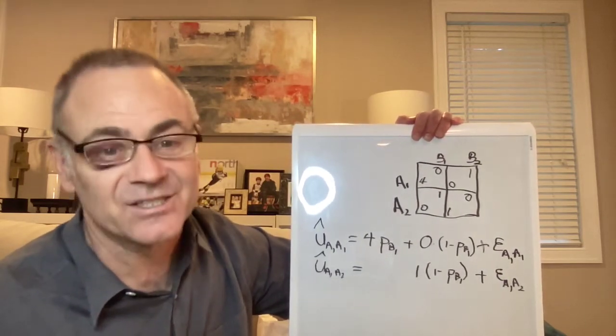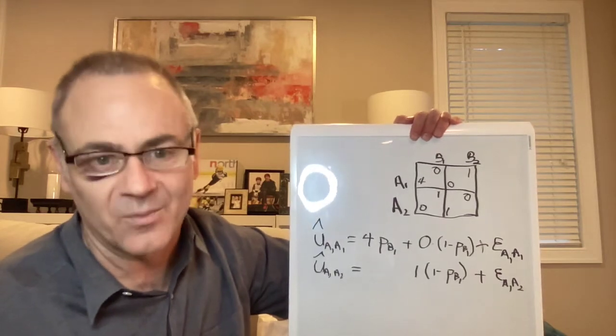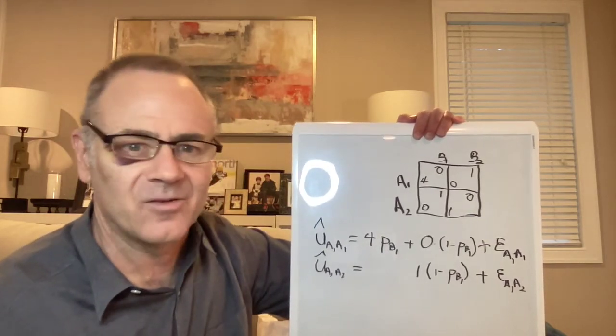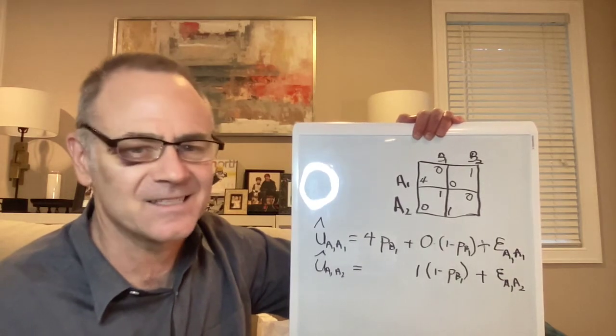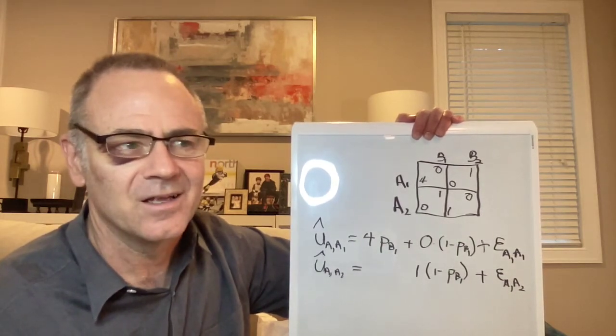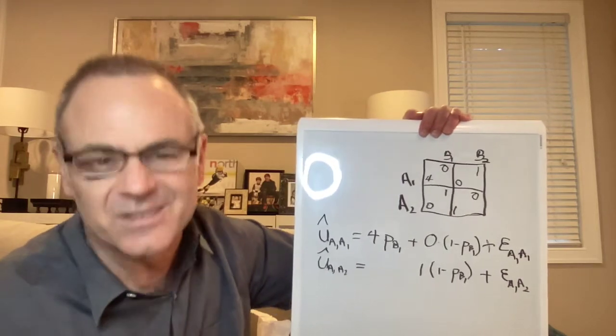Assuming you're back after hitting pause, the answer is let's do the McFadden trick and assume that they are distributed Weibull. McKelvey and Palfrey, I think, said extreme value, a type 1 extreme value, which is the same thing as Weibull.